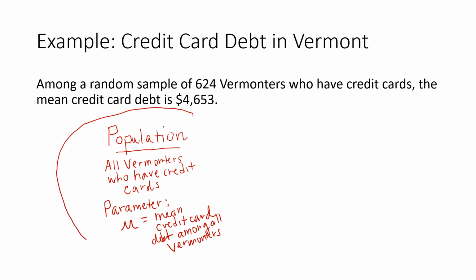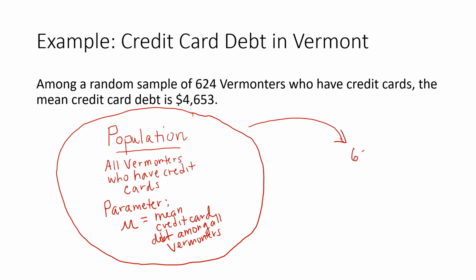That's what we really want to know about. But because it's too much work to take data from every single Vermonter with a credit card, they took a random sample of 624 Vermonters who had credit cards.